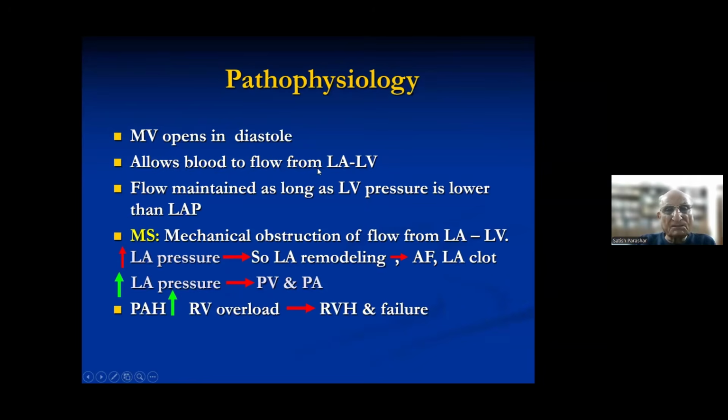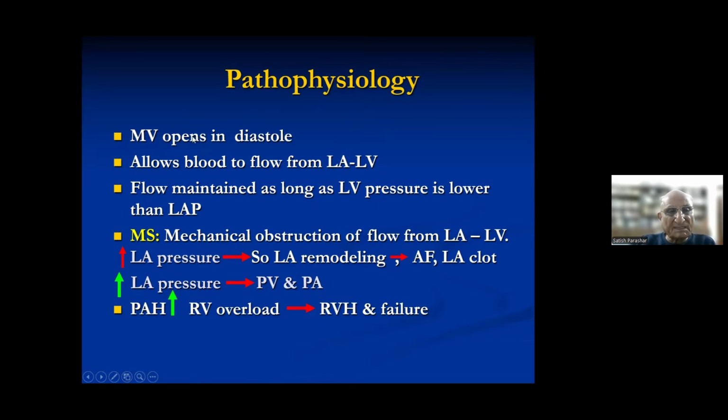So it allows the blood to go from LA to LV in diastole. So the mitral valve opens in diastole and blood goes from LA to LV. LA is the feeding chamber and LV is the receiving chamber. Flow is maintained as long as LV pressure is lower than the left atrial pressure. Nothing very new in it, but only to understand that this is the feeding chamber, this is the receiving chamber.